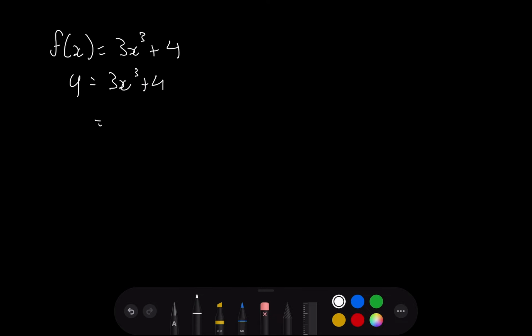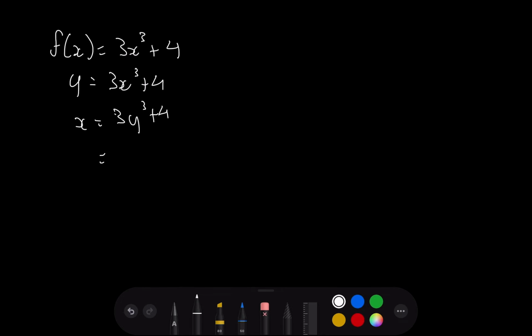So the y now becomes an x, and then it becomes 3y cubed plus 4. So now what we must do is isolate the value of y to make it a proper function once more. The first thing to do would be to bring the 4 to the other side.